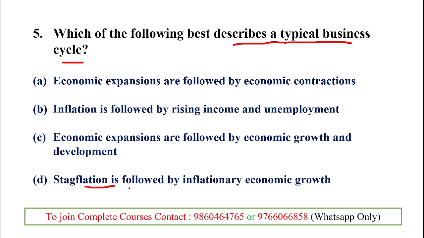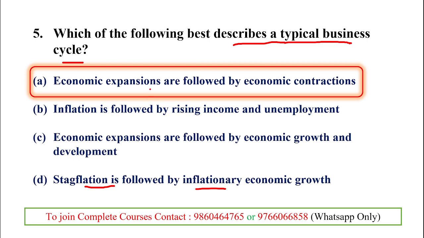Here, stagflation indicates no change in the variables, that is, stagnation in the economy with inflation. So the answer is economic expansion followed by economic contraction. In the business cycle, we can get an idea of an expansion followed by a contraction.